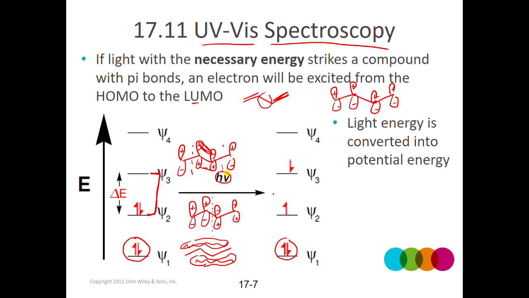So we're using light to pop the electron up from what was the old HOMO now to what was the old LUMO. And now this becomes the HOMO, and this becomes the LUMO. So we're measuring this quantity of energy by measuring what wavelength of light corresponding to that quantity of energy is absorbed when the electron is promoted.